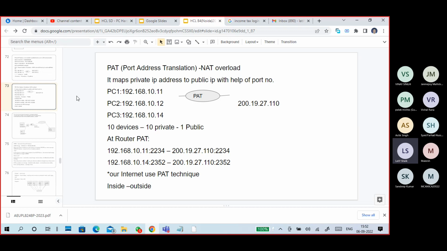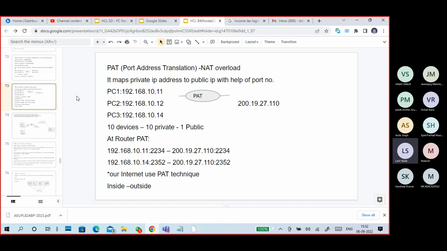It is also called NAT overload. It is nothing but NAT only, the same thing: it maps your internal IP address to external IP addresses. So in this case, I have three PCs, PC1, PC2, PC3. Three PCs, three private IP addresses, one single public IP address.